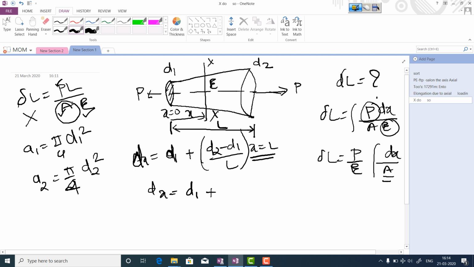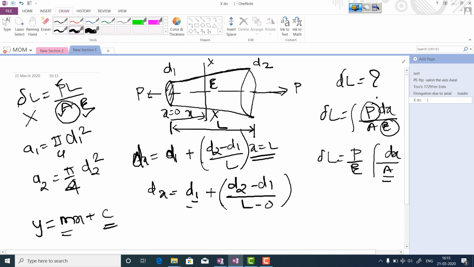As the diameter is varying linearly, I am comparing with the equation of line, that is mx plus c. Here c is nothing but d1, m is nothing but the slope, that means dy by dx, so dy means d2 minus d1, and dx is L minus 0, so this becomes the slope, and x is nothing but distance. So this is nothing but the diameter at this section xx.